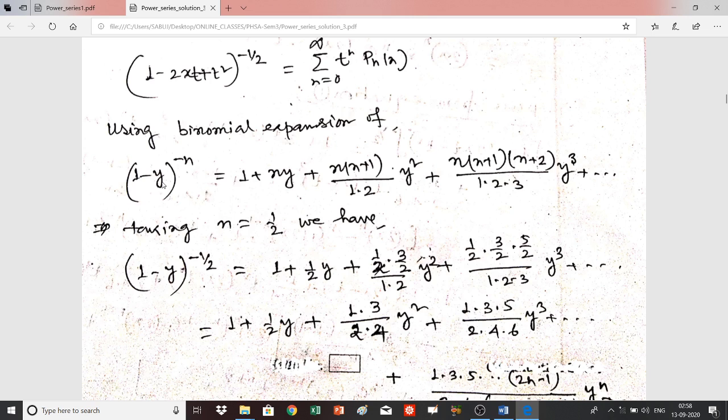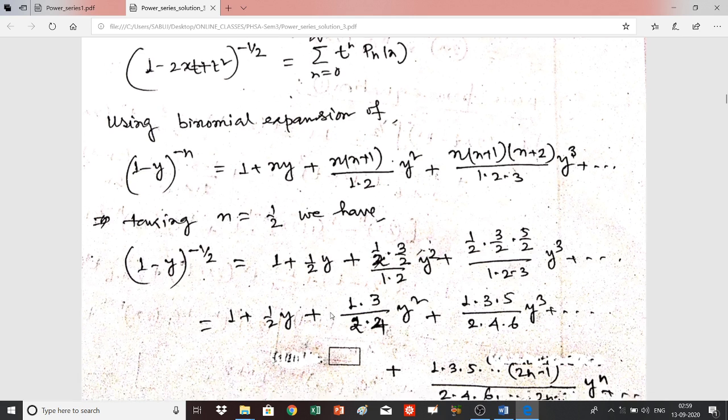So taking n equal to half in this binomial expansion, you will have 1 minus y to the power minus half equal to 1 plus half y, plus half into (half plus 1), that is 3 by 2, by 1 into 2 y square, plus half into 3 by 2 into 5 by 2, by 1 into 2 into 3 y cube, plus other terms.